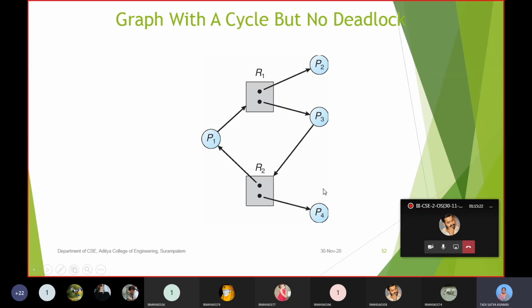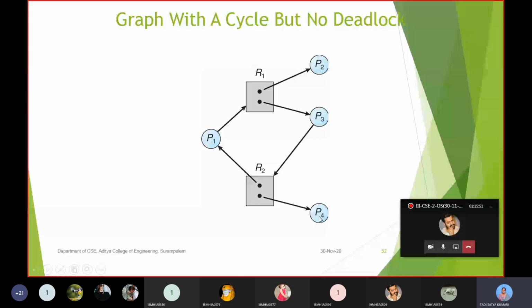But here, why we can say that there is no chance of occurrence of deadlock, even though there is a cycle? Because P4 is not at all connected to all these resources, all these 3 processes. P1, P2, P3, P4 is isolated here. So P4 only holds the resource R2. It's not using any other resource here.